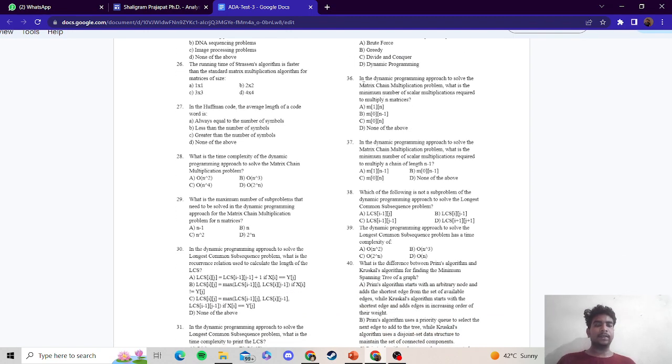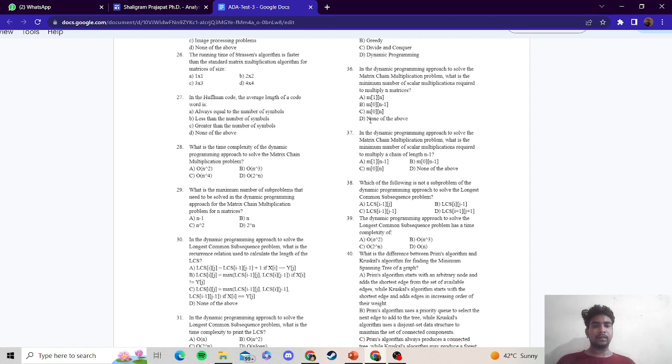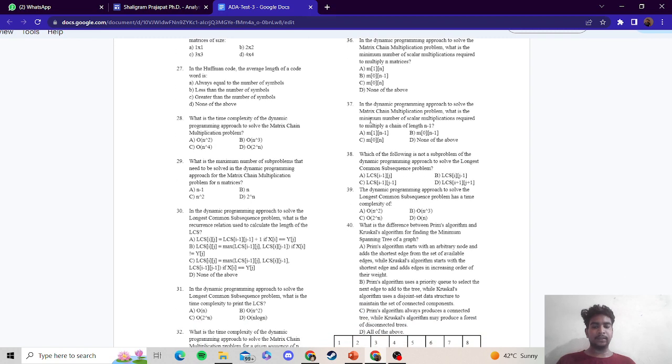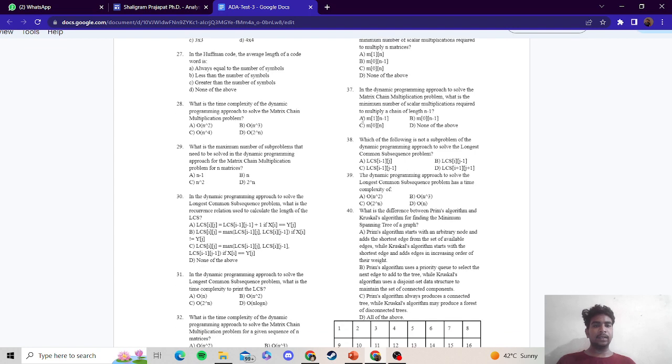Question number 36. In the dynamic programming approach to solve the matrix chain multiplication problem, what is the minimum number of scalar multiplications required to multiply the n matrices? So option number B, the expression with n minus 1, is the right answer. Question number 37. In the dynamic programming approach to solve the matrix chain multiplication problem, what is the minimum number of scalar multiplications required to multiply a chain of length n?